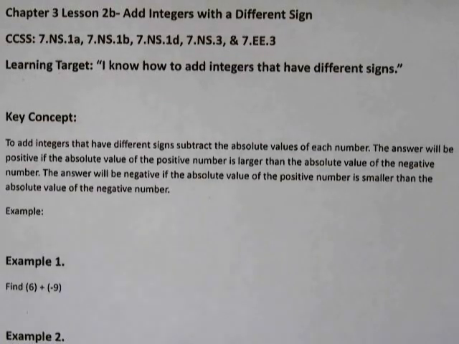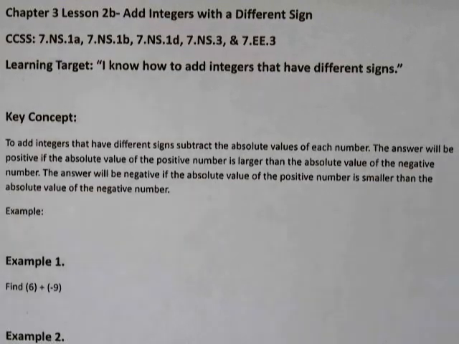Okay, so the key concept of how we would add integers that have different signs: first we're going to subtract the absolute values of each number, okay? And then there's a couple of rules that go with that.